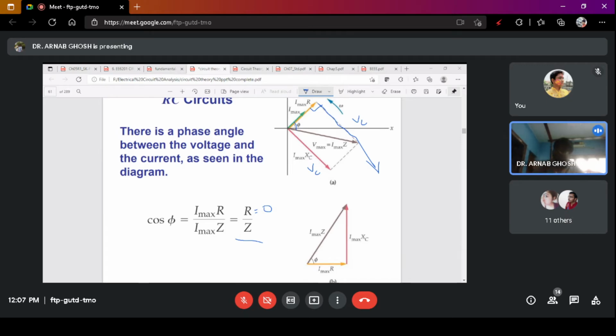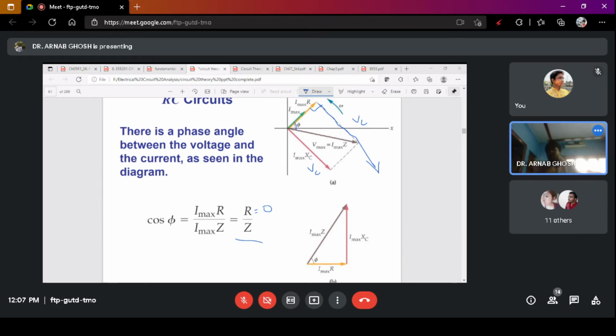Cos phi is low means cos phi will be near about 0.01 or 0.1 or 0.2 like this. So that means your angle theta is high, and when the angle is high, therefore the sine theta value will also increase.